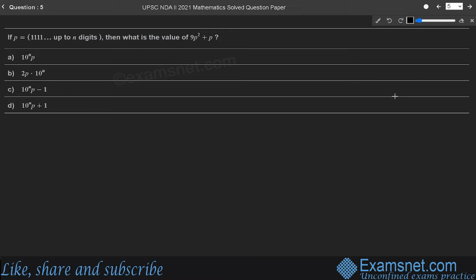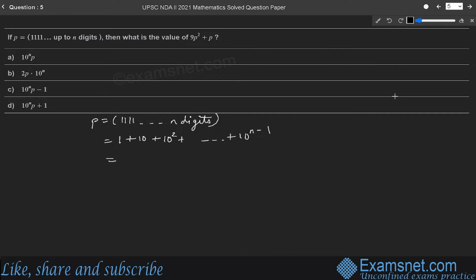Next question is, if P is equal to 1111 and so on up to n digits, then what is the value of 9p square plus p? It is given that there is a series which is 1111 up to n digits. So this series can be written as 1 plus 10 plus 10 square plus so on up to 10 to the power n minus 1.